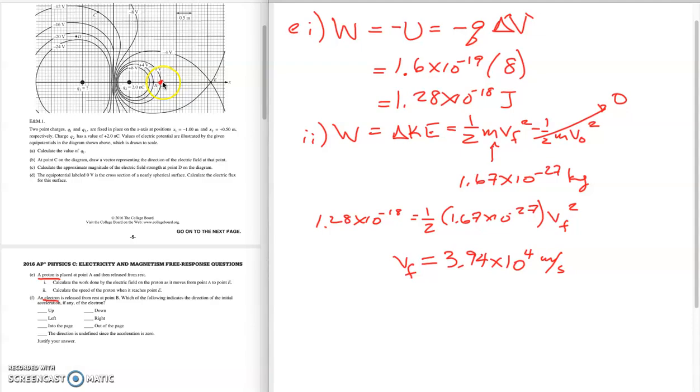It's naturally going to move towards the positive charge because, remember, opposites attract. So if we release it from point B, the initial motion is going to be to the left, and electrons fall towards positive charges. The positive charge here is Q2, and the electron is going to be pulled towards it.